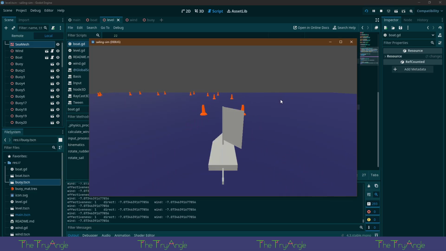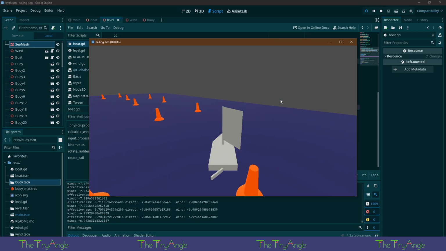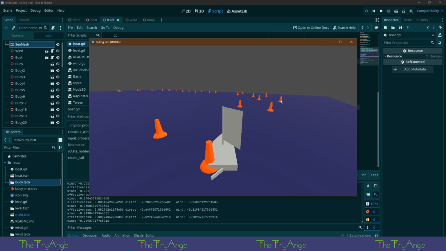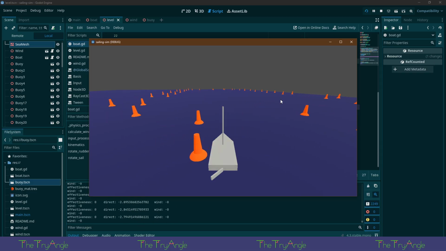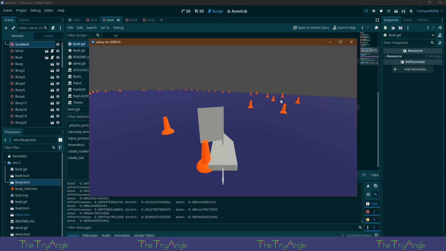We're at full effectiveness. Now, as we turn, our effectiveness should start to drop. And we can't go forward at all. Even though the direction is like, look, I feel the wind. But our boat's not going. And now it's starting to, barely.